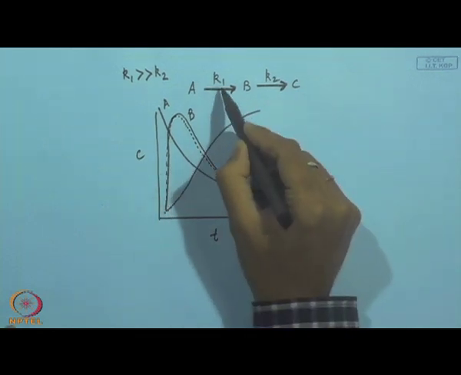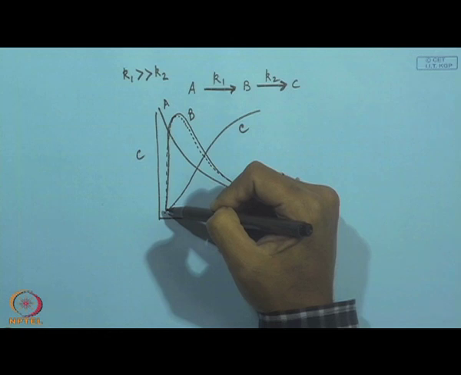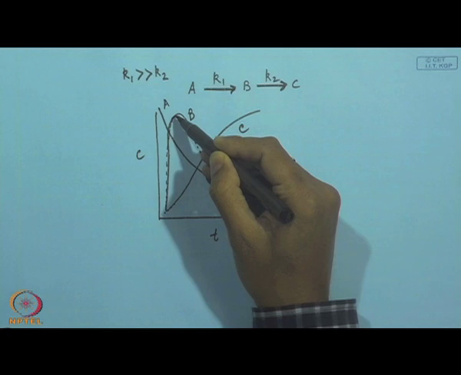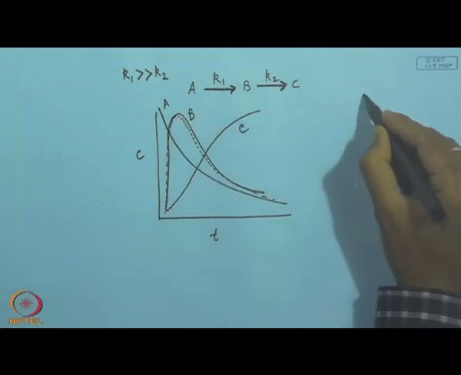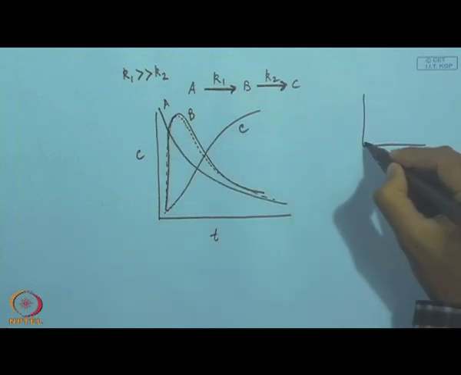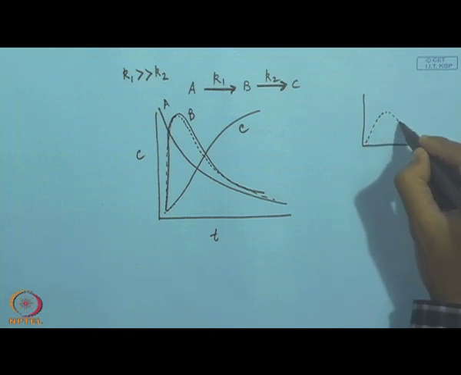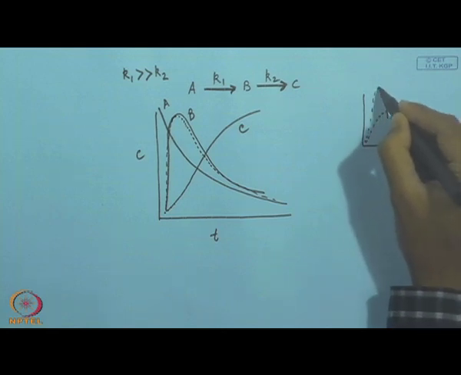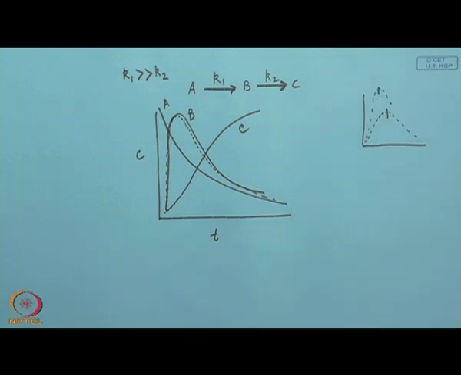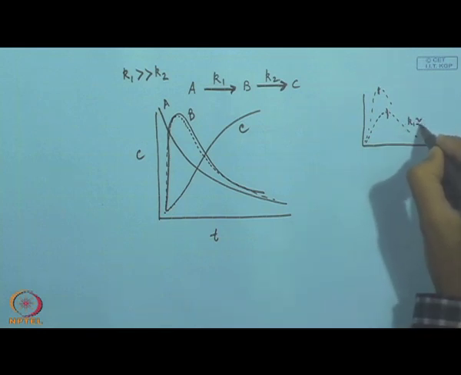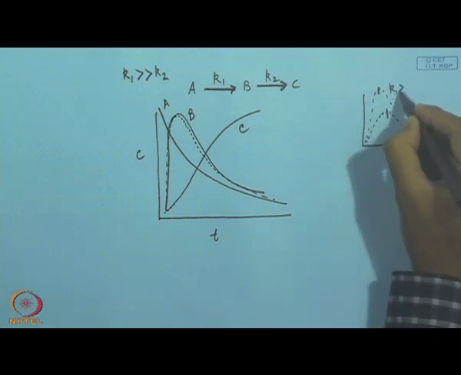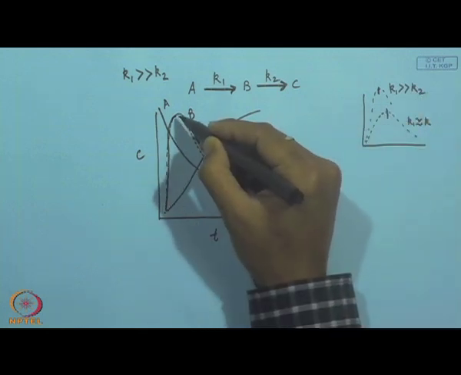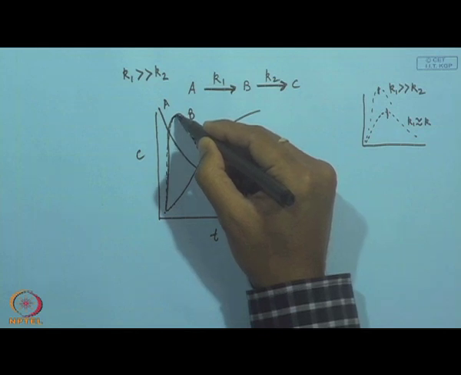Because since K1 is very high, with a very high rate it will reach the top. Okay. In the previous case, the maximum was at some intermediate time, but here this maxima is much earlier than that maximum. That was for K1 close to K2, and here K1 is very much greater than K2.